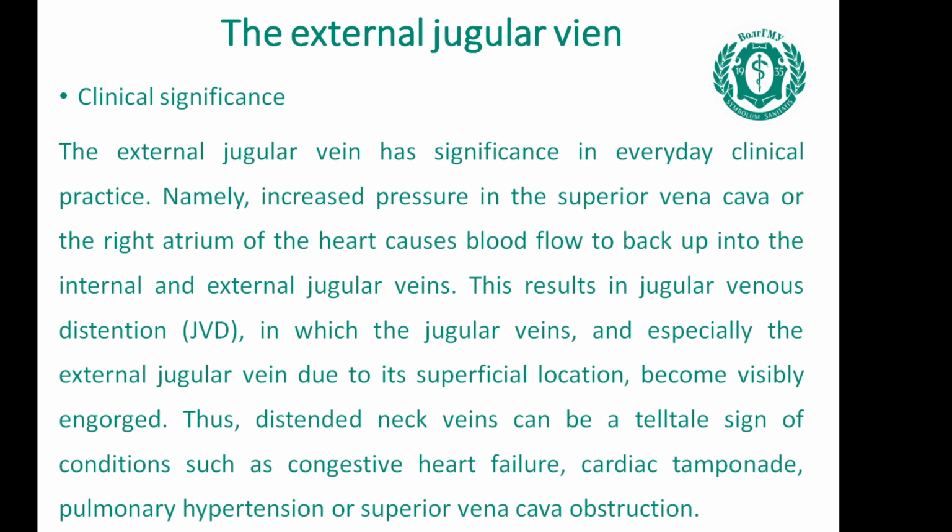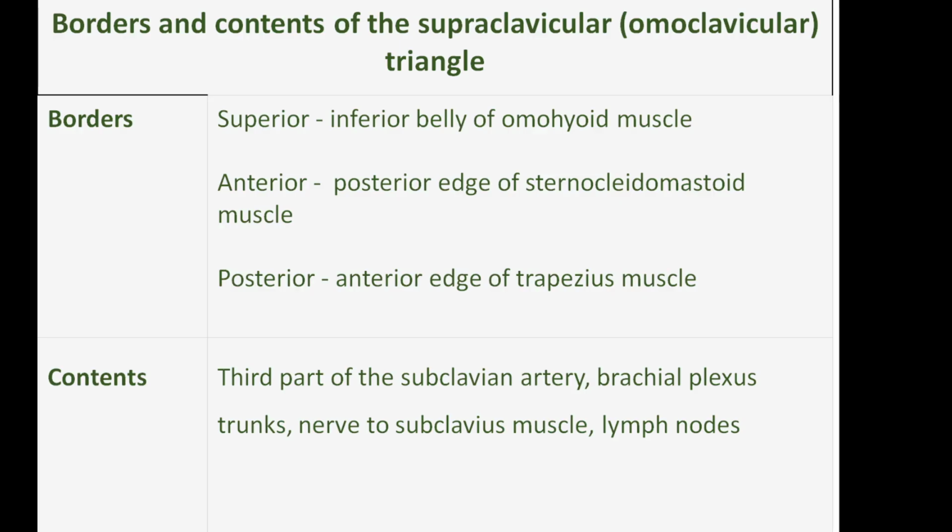Thus, distended neck veins can be a telltale sign of conditions such as congestive heart failure, cardiac tamponade, pulmonary hypertension, or superior vena cava obstruction. Borders and contents of the supraclavicular triangle.